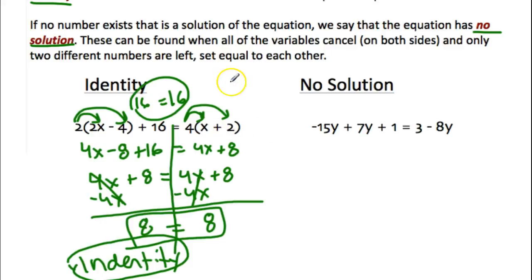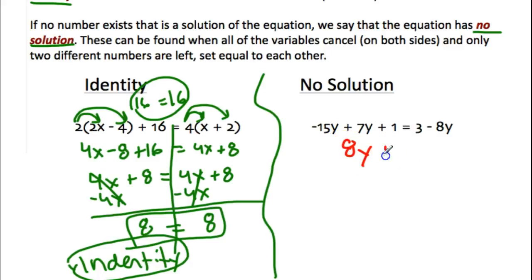All right, so no solution. This is kind of the opposite of that. There is no number that will work when I solve this one. Okay, let me draw a squiggly line and solve it. So if I combine these like terms on this side, negative 15y plus 7y, that becomes 8y.